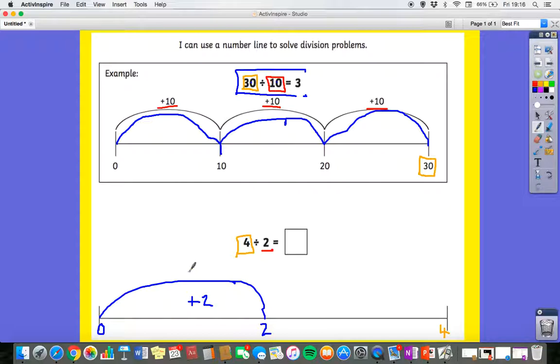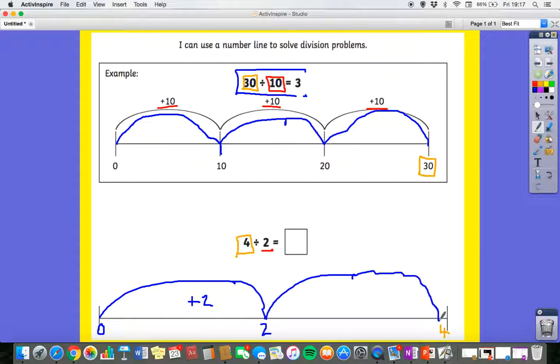I quite like to write it in, if I'm being honest with you. It doesn't really matter. It's just your choice how you prefer to set it out. As long as you do the correct method, I don't mind how you set it out. So I've got my jump of 2, and I reached 2. Okay, I've got another jump of 2, and just excuse my drawing there.